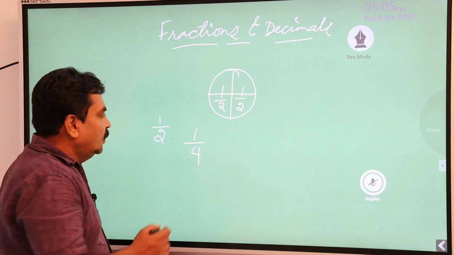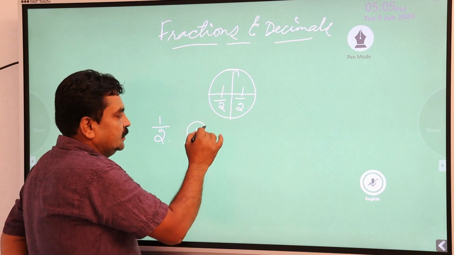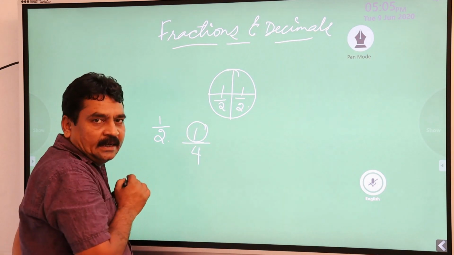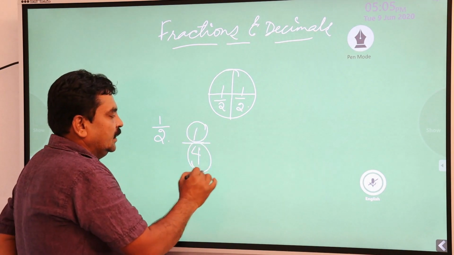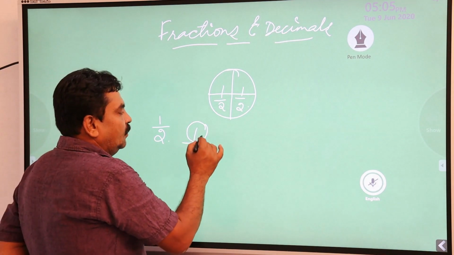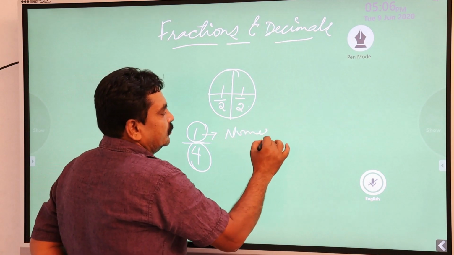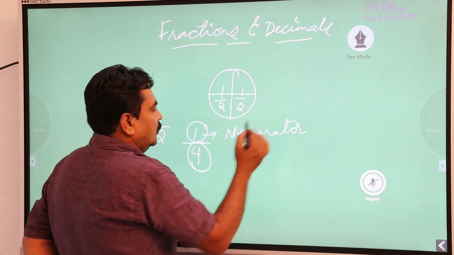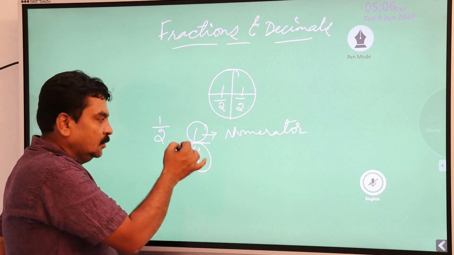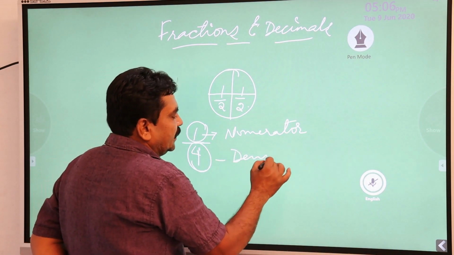It means what? The fraction has 2 numbers. One is above the fraction line and one is below the fraction line. The number which is present above the bar, you call it the numerator. The number which you find below the bar, you call it the denominator.